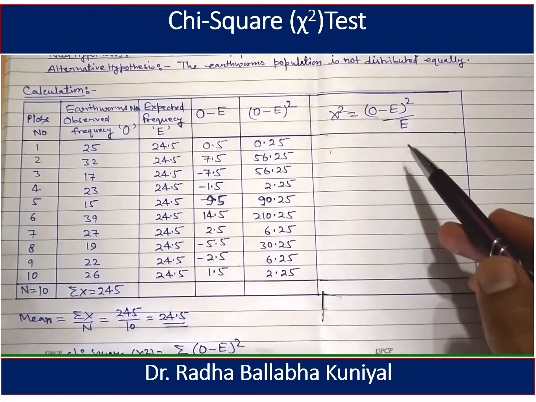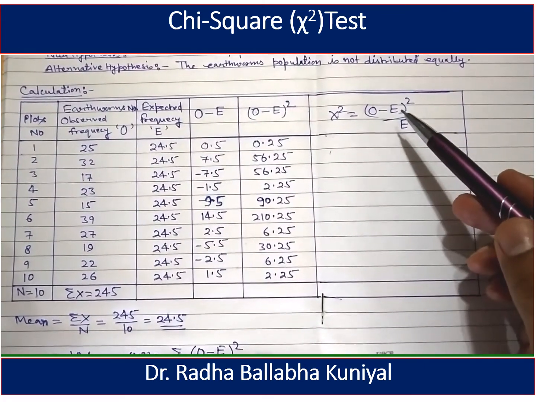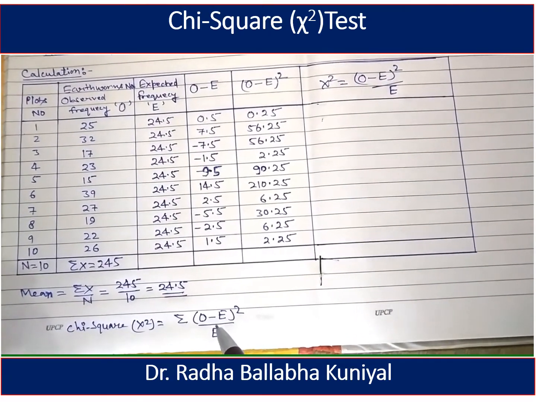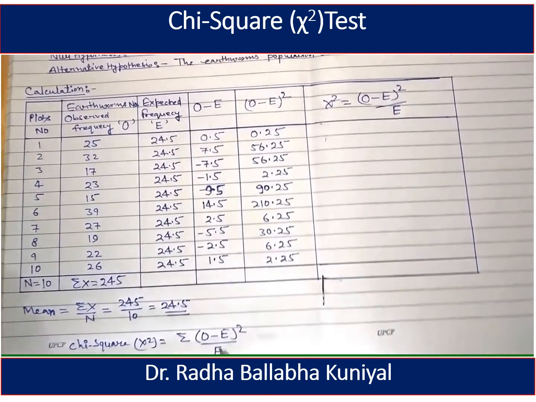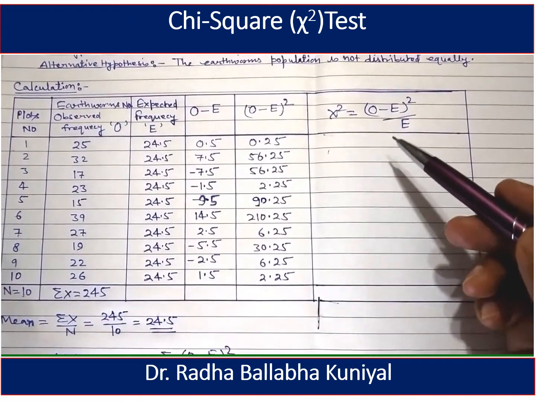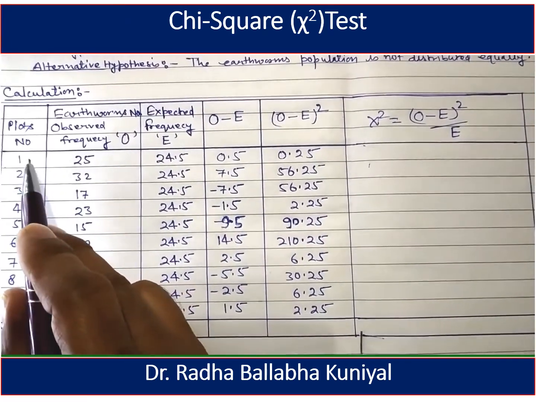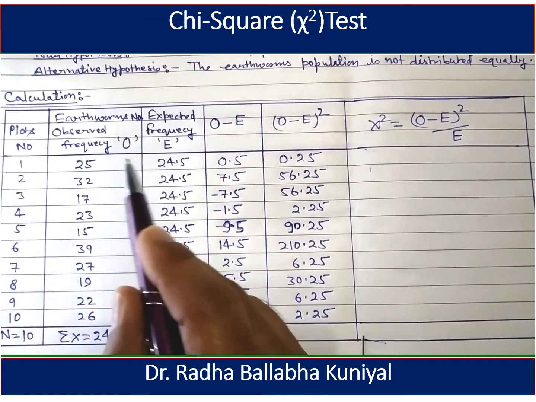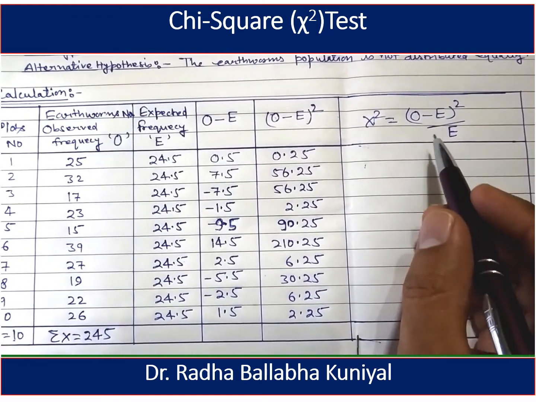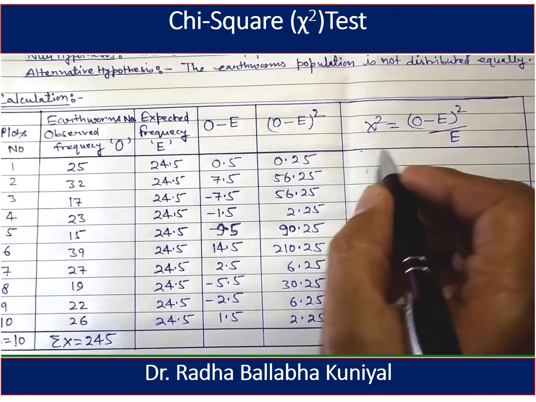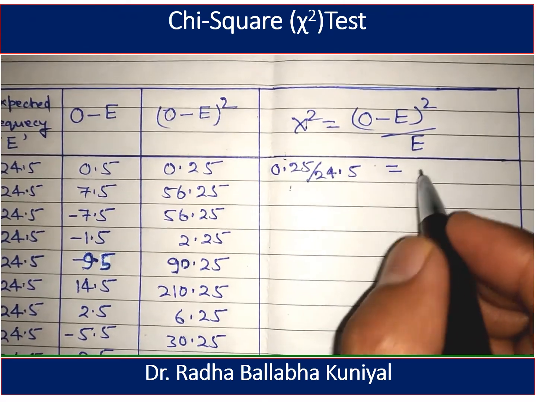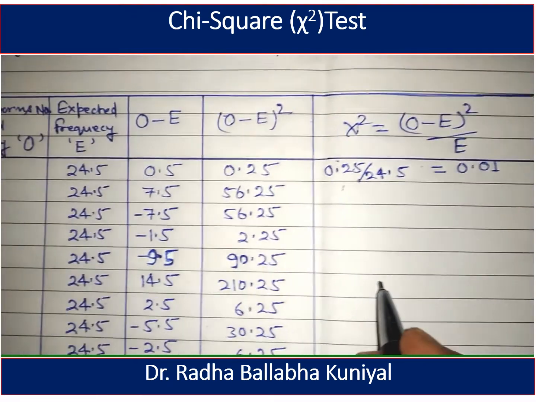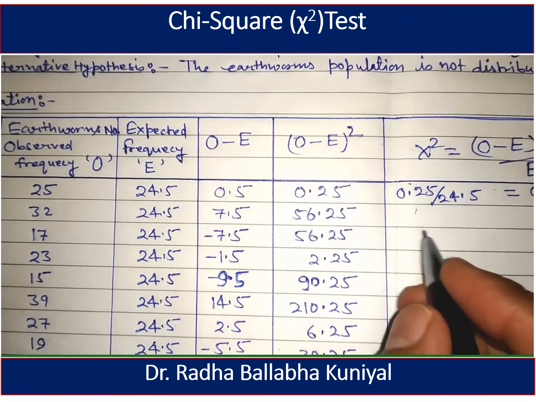Now in the last column we will calculate the chi-square value by applying this formula, chi-square equals sigma whole square of O minus E upon E for each plot. For plot number 1, we will put the value of observed frequency and expected frequency into this formula to get the chi-square. By solving this, we will get 0.01, and similarly for the second plot, we will calculate the chi-square value.